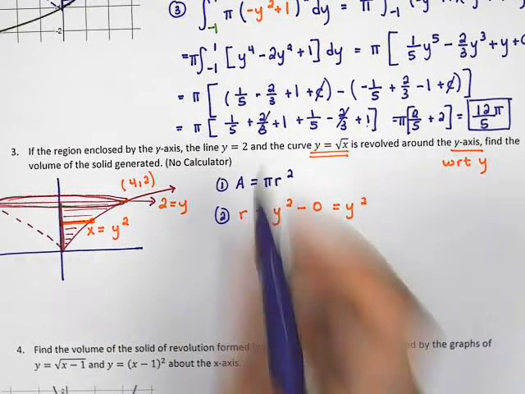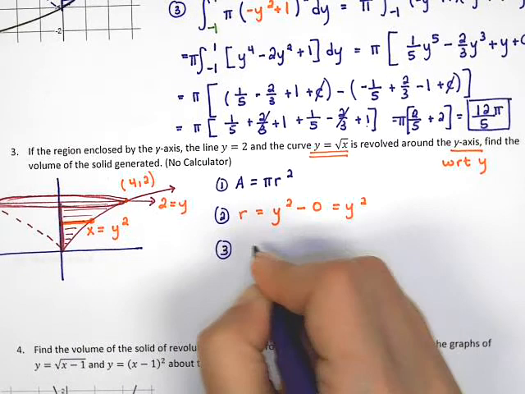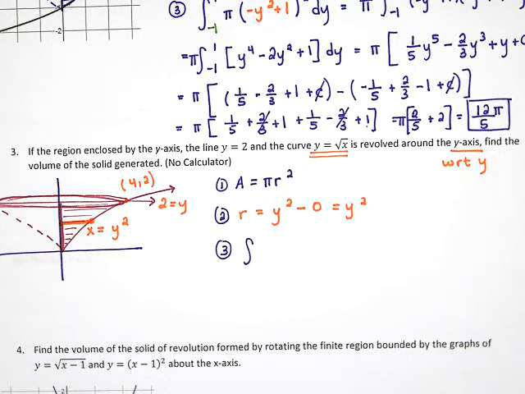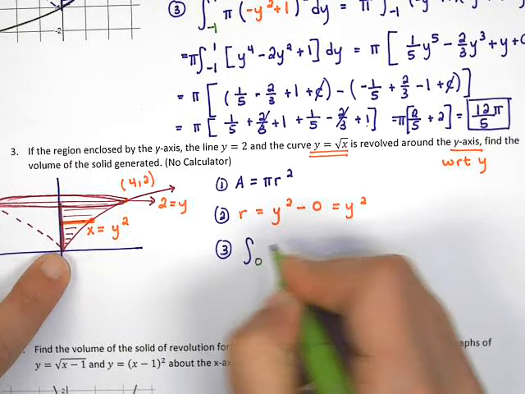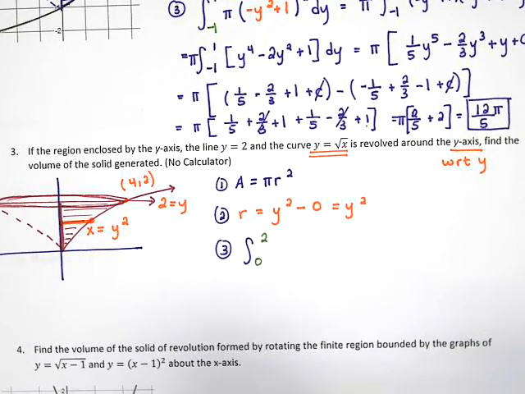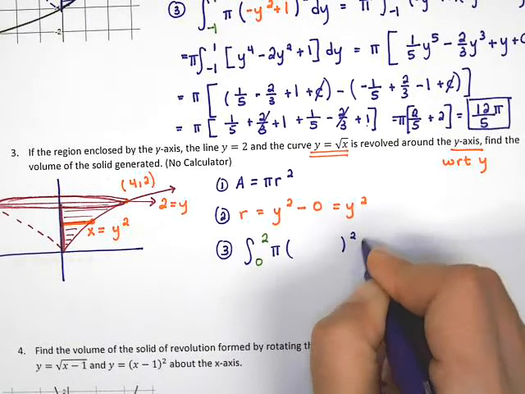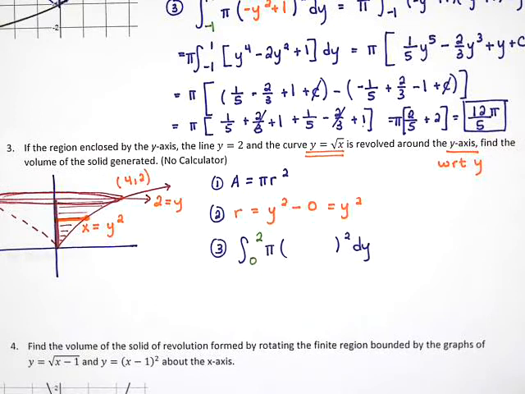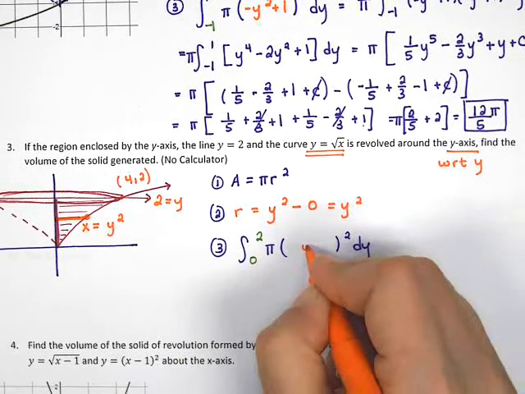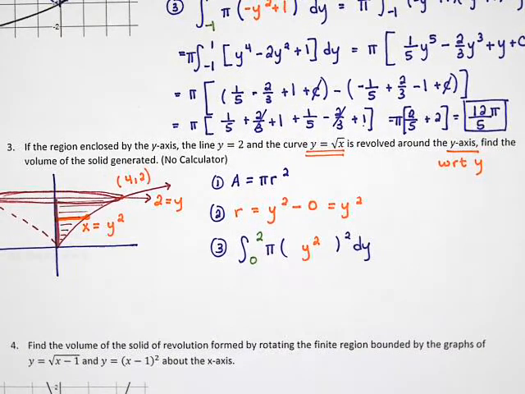Then set up your integral. So I'm going to have the integral from 0 to 2 of pi times my radius squared dy, because everything's in terms of y in this problem, and my radius is y squared.